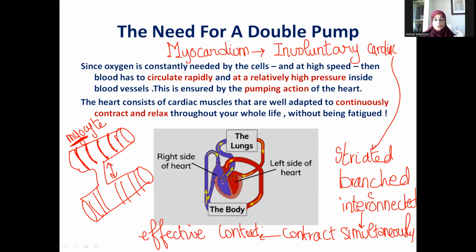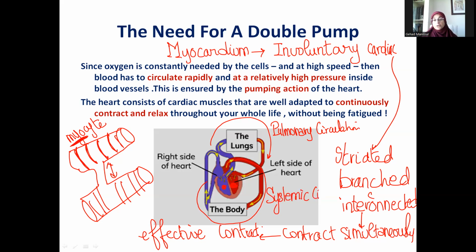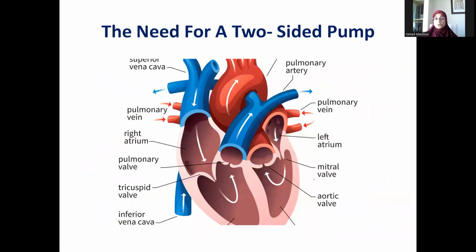The right ventricle, this chamber, will pump blood to the lungs in a very short circulation that is called pulmonary, referring to the lungs, pulmonary circulation. And meanwhile, the left ventricle, which is this one, will pump blood around another bigger system that involves most of the human body, and that is called the systemic circulation.